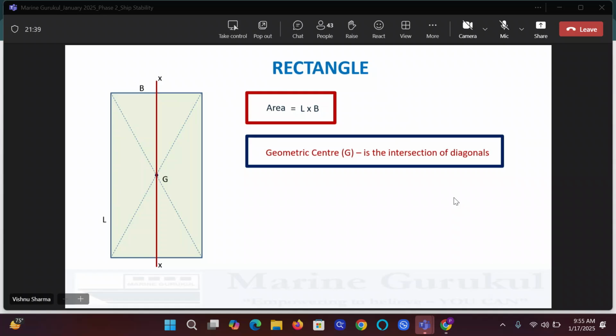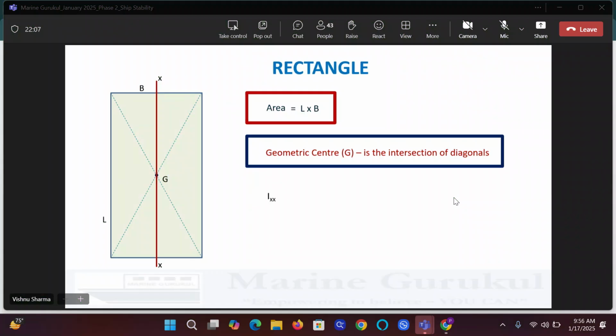What will I say? XX is an axis passing through the geometric center or the centroid of the rectangle and parallel to side L. Am I right, guys? XX is passing through G and parallel to L. Does that describe XX correctly, class? Yes or no? Yes, sir. Correct, beta? Okay.